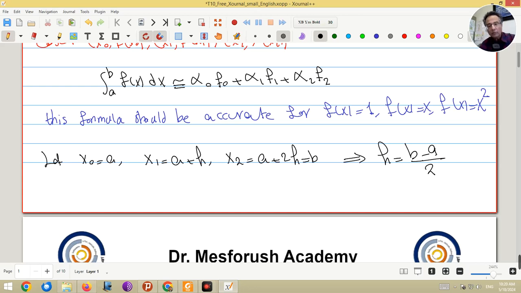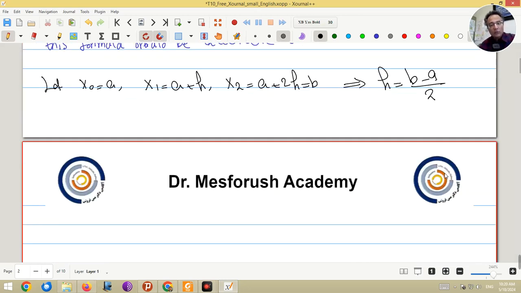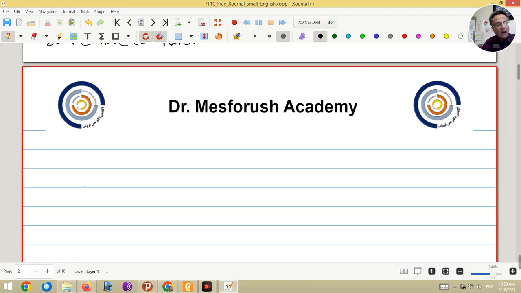Okay, so if I consider these points x0, x1 and x2 to this form, and I consider h equal to b minus a over 2, so we have to have 3 equations with 3 unknowns.